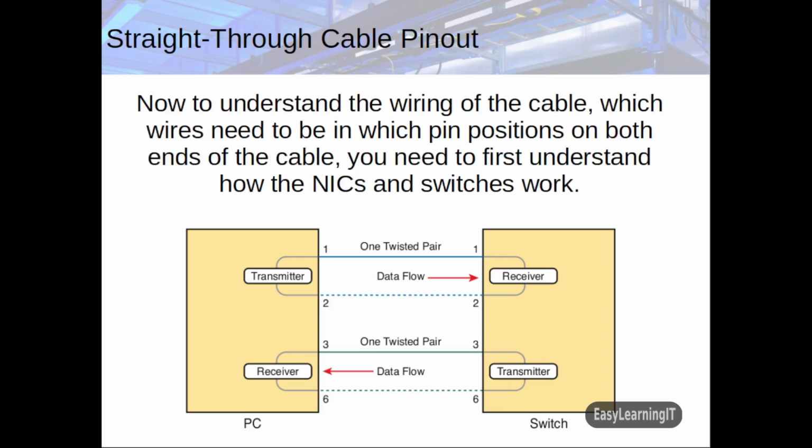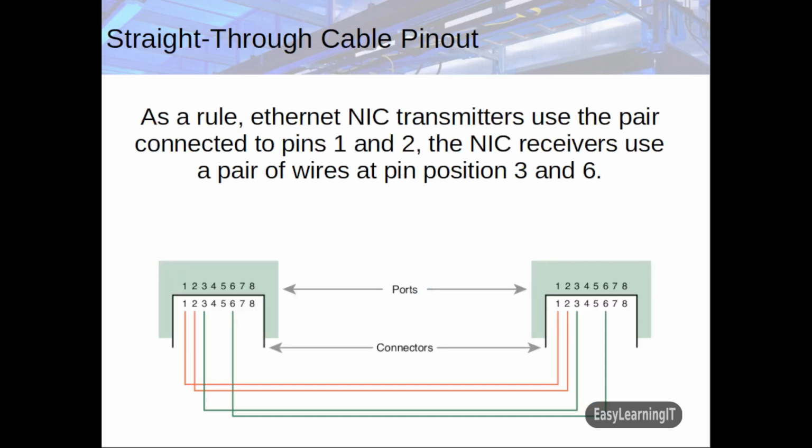Now, to understand the wiring of the cable, which wires need to be in which pin positions on both ends of the cable, you need to first understand how the network interface cards and switches work. As a rule, Ethernet network interface card transmitters use the pair connected to pins 1 and 2.